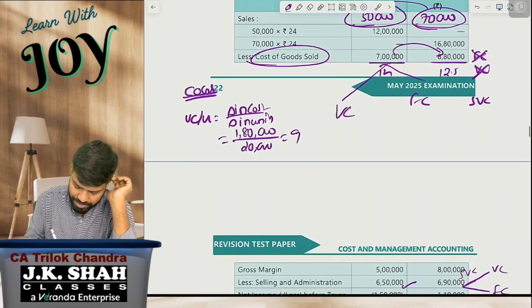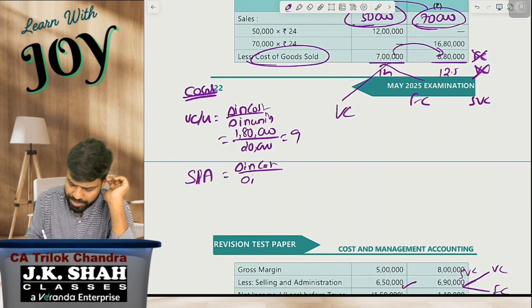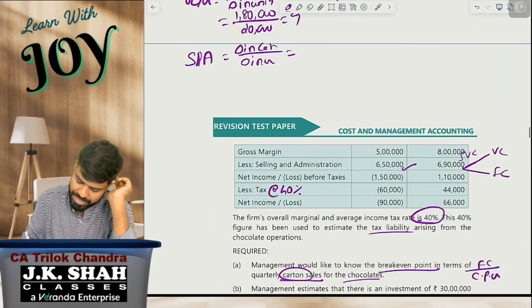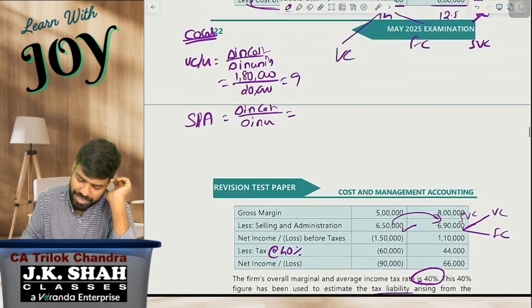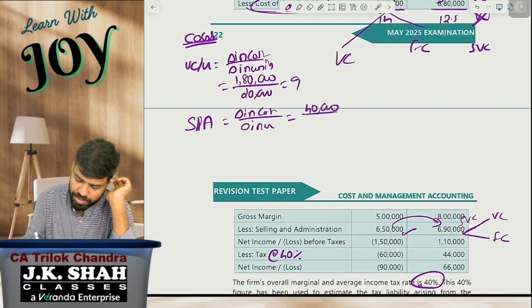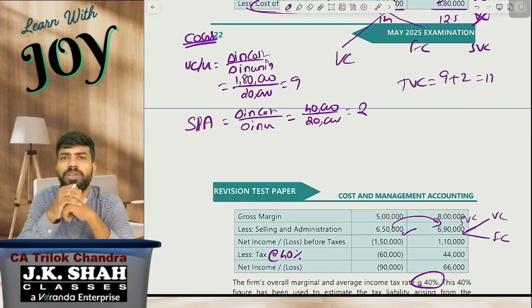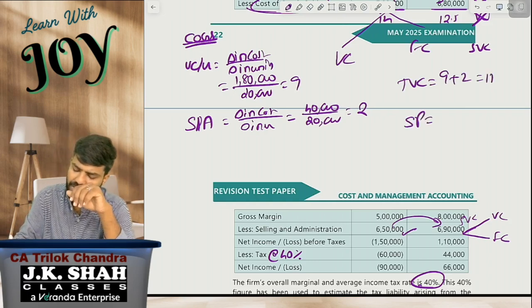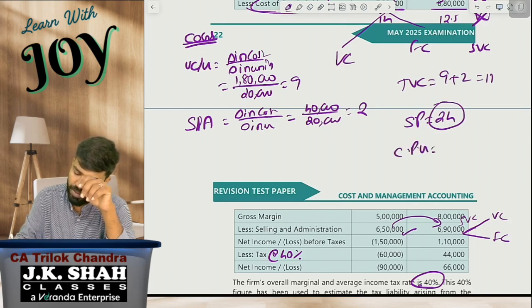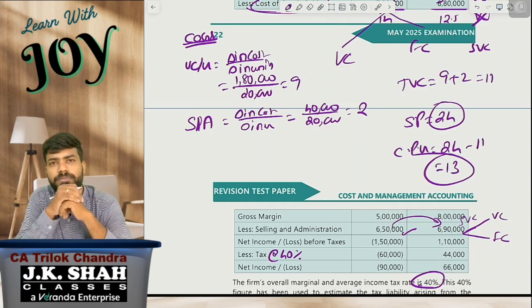Next, selling and administration: 6 lakh 50,000 becomes 6 lakh 90,000. So 40,000 divided by 20,000 equals 2 rupees. So total variable cost is 9 plus 2 equals 11 rupees. Selling price is common, 24 rupees. So contribution per unit equals 24 minus 11, which equals 13.